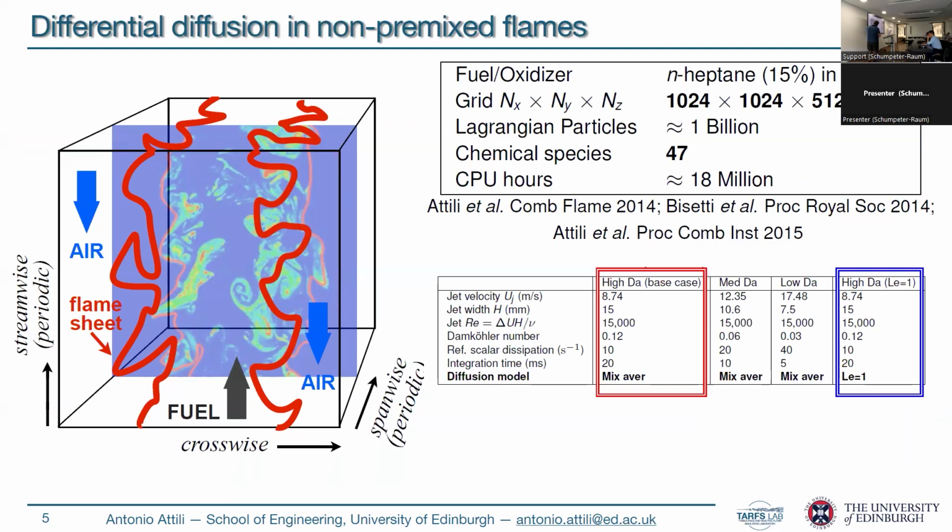So this is a series of DNS that I did a few years ago. They are large, but not unbelievably large, about 500 million grid points. They are very complicated because they have a lot of species, a lot of stuff included in terms of the physics. And what I'm going to do, I'm going to compare two cases. One is, let's say, a DNS with all the physics, so with a full diffusion model with mixed average, and a case where the differential diffusion is ignored, so using unity Lewis number.